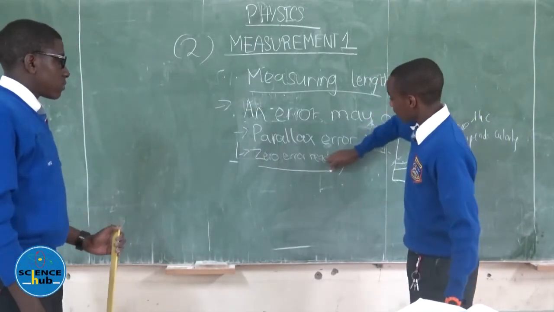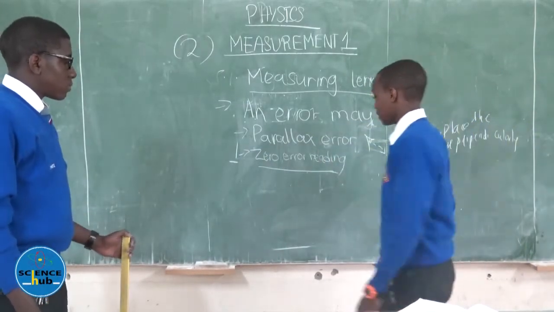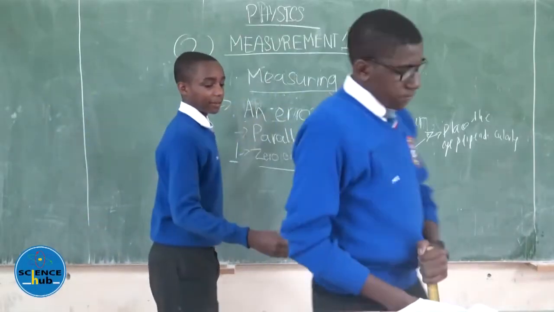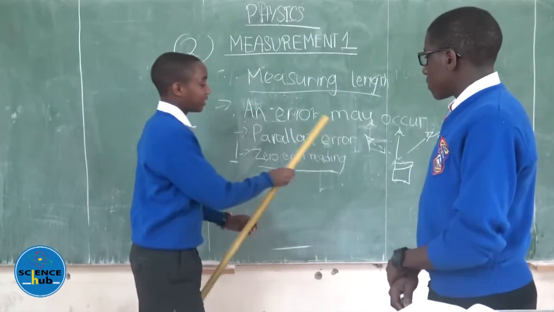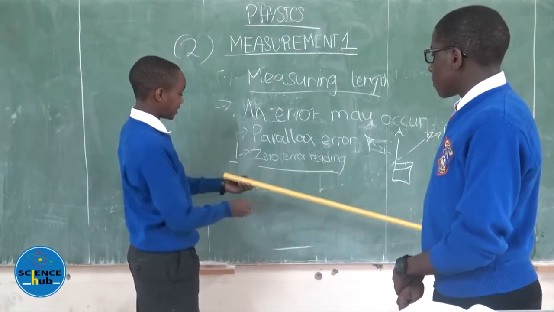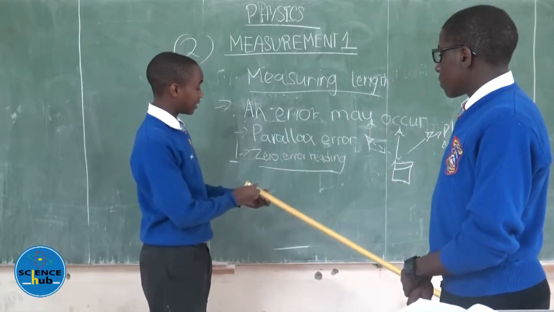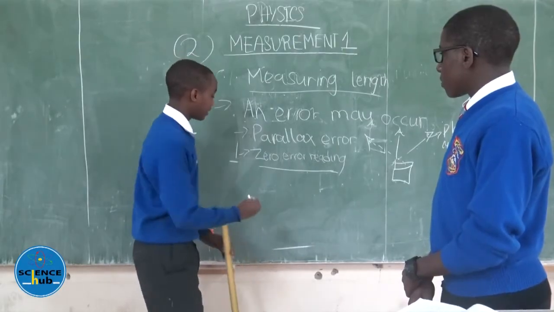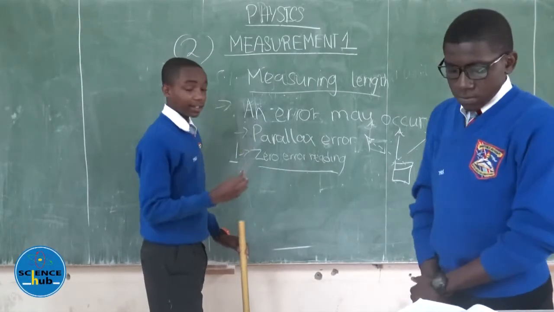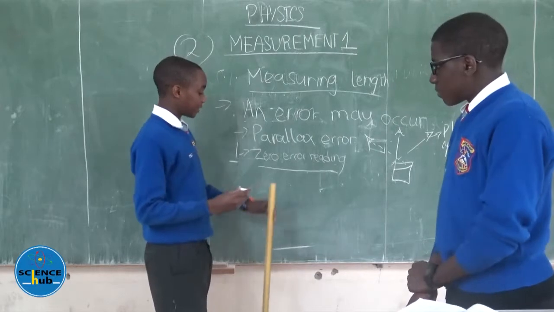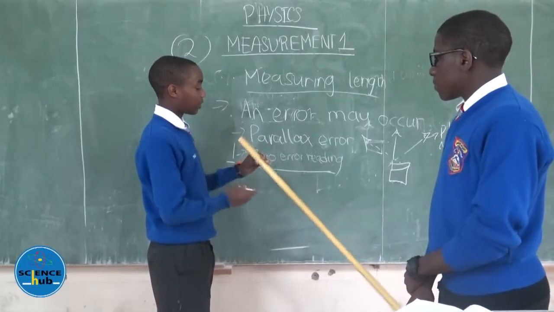On the zero error reading, this can occur. For example, this meter rule, when it is calibrated and doesn't start from the point 0, you can have an error reading. This error reading can be reduced by noting down the measurement from where you start from.